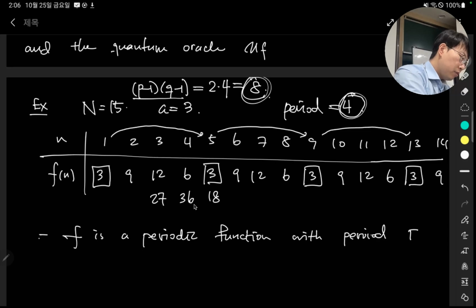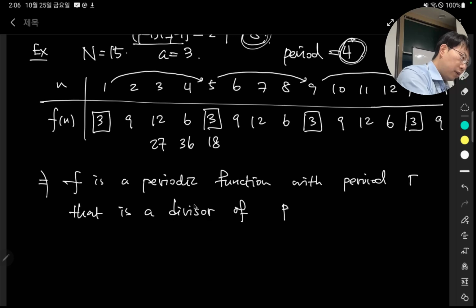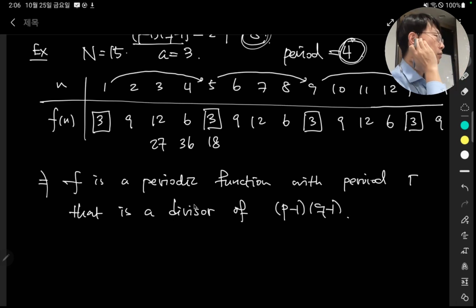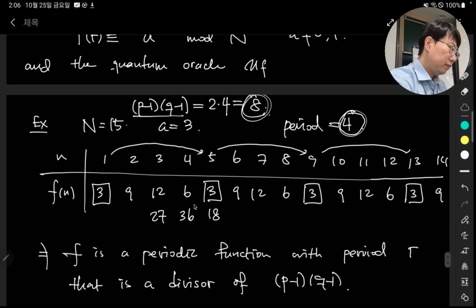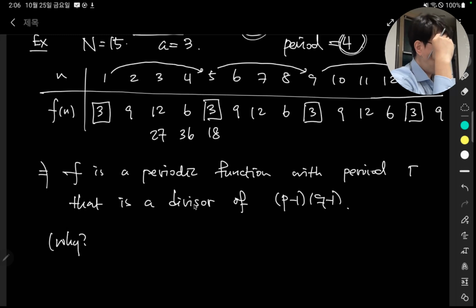So let me write it here and then try to prove it. So that r is a divisor of p minus 1 times q minus 1. So why does this always happen?